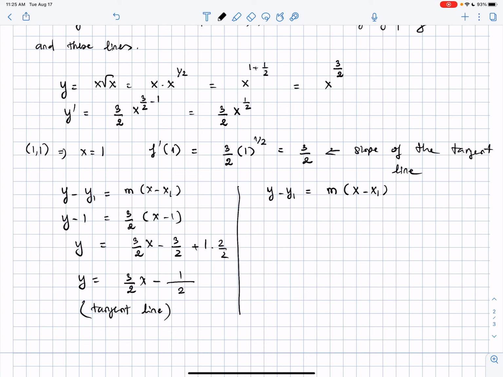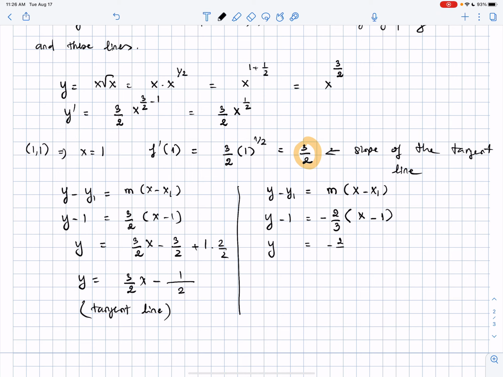And also, the normal line is also passing through the point 1, 1. So the slope of the tangent line is 3/2, then opposite, which is negative, and reciprocal. Then parenthesis x minus 1.